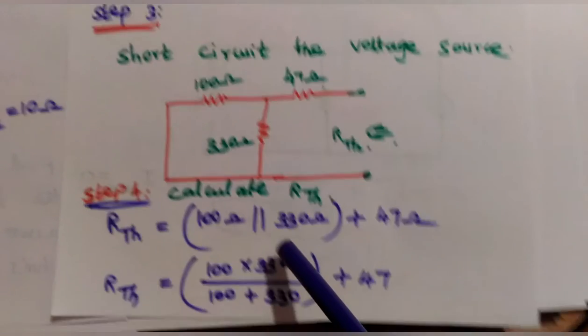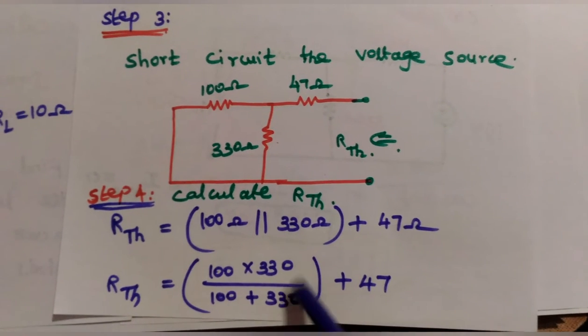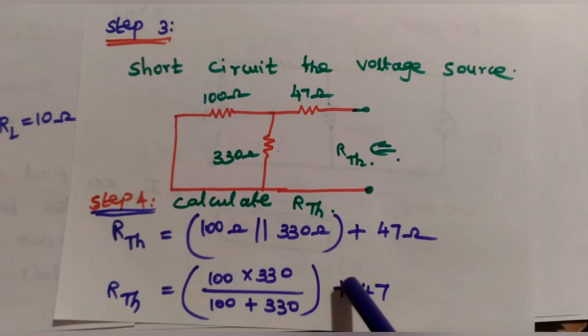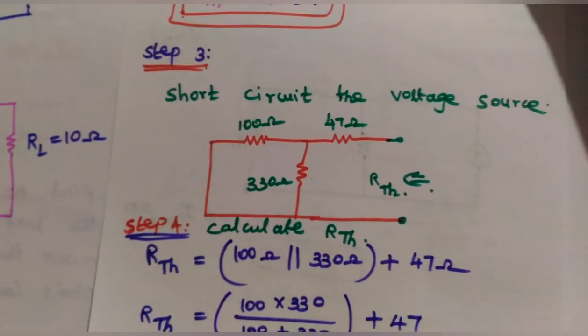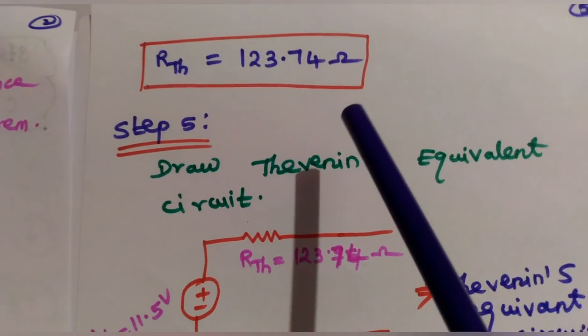So here, 100 into 330 divided by 100 plus 330 is the parallel combination of these two resistances, plus the 47 ohm in series. After simplifying the values of the resistances, we get RTH equal to 123.74 ohms. This is the RTH value.